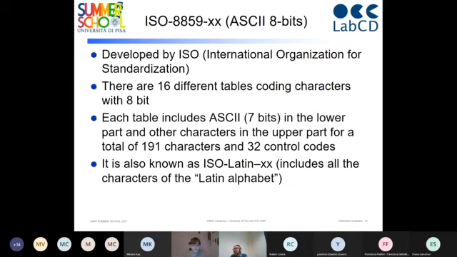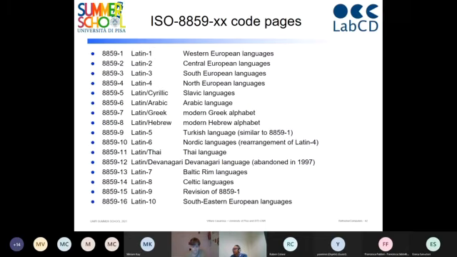So ASCII, as I was saying, extended the initial table of 128 characters, and since the standards are good, they extended it in 16 different ways. What we have today is this standard called ISO 8859, with a number after it, which says which extension it is, and why it was extended in many different ways.